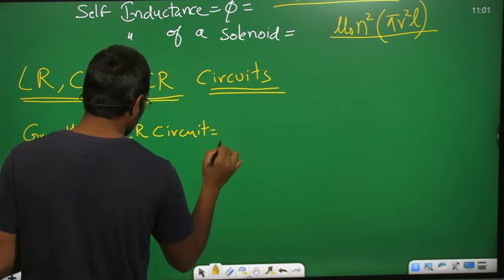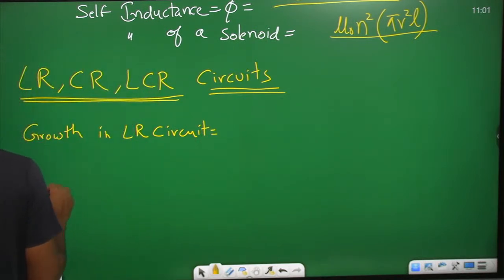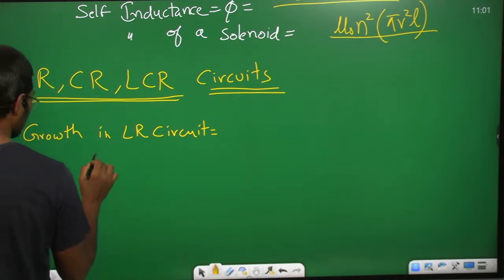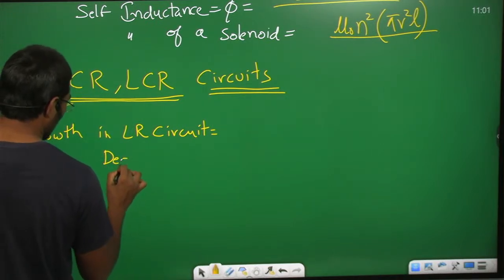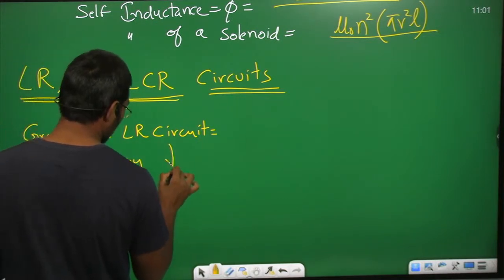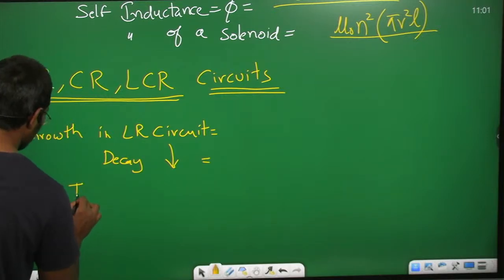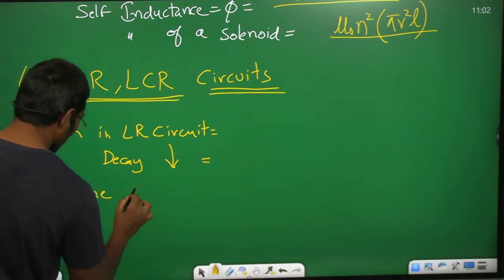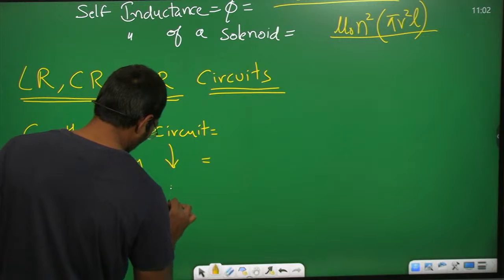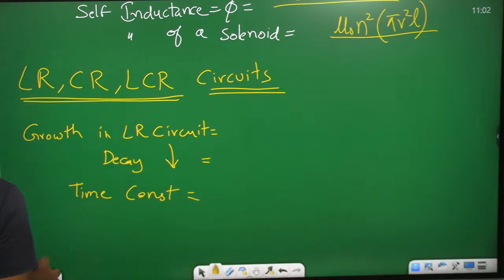You need to have these formulas on your fingertips. Decay of current in LR circuit, time constant for LR, energy stored in an inductor.